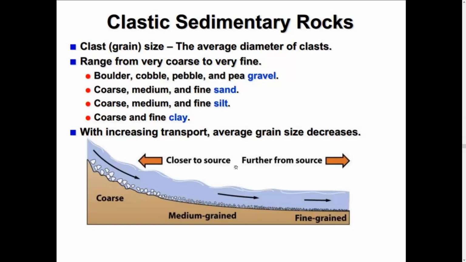Now, the clastic grain size. If we are to classify these kinds of rocks or sediments in terms of grain size, what is important is diameter. Remember, for something to be considered a soil particle, it needs to have a diameter of less than 2 millimeters. Anything larger than that is not classified as a soil particle.